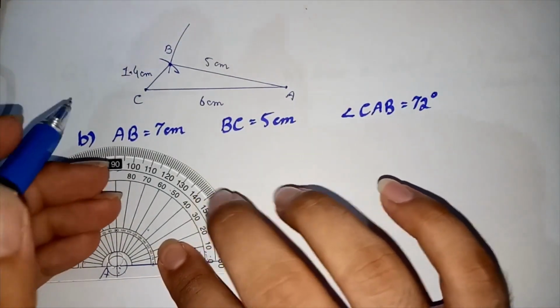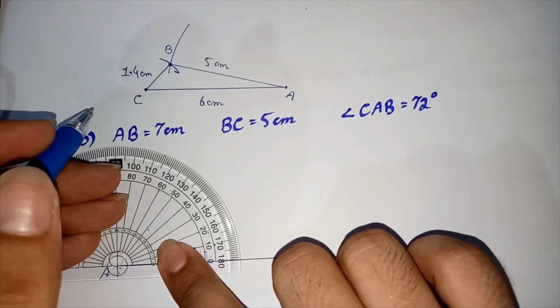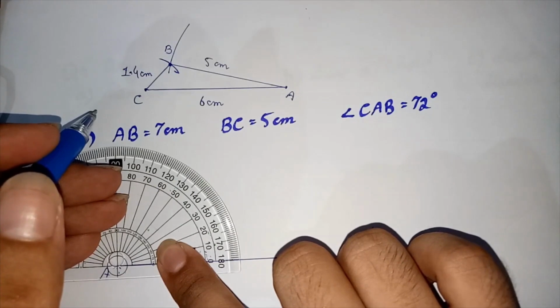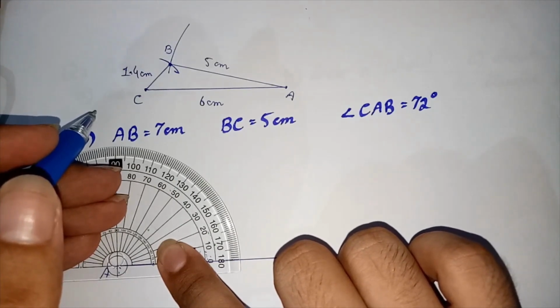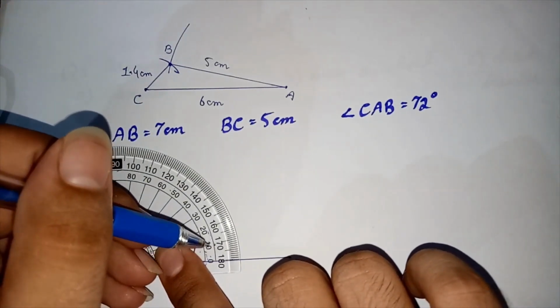Now we will draw an angle of 72 degrees here. Here we have 0.